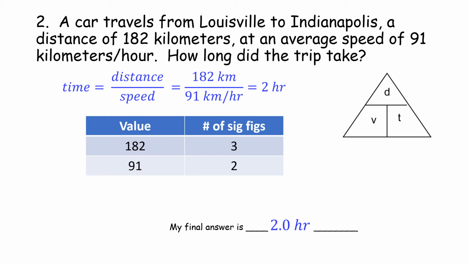Your calculator will not supply that 0 unless you have it set in significant figure mode. Most people do not know how to do that, so you have to know how to do it with your brain. Correct answer, 2.0 hours is how long it takes you. In other words, this is not some average of about 2 hours. It is 2 hours.